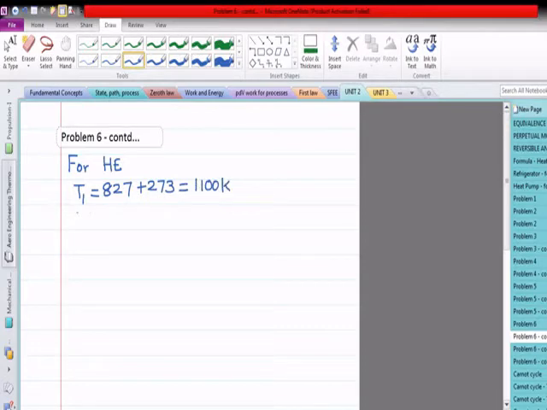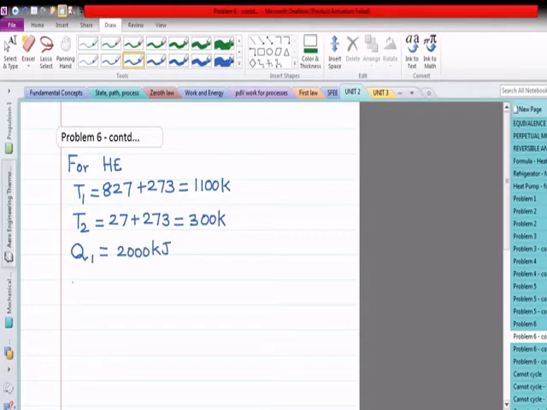Then the cold reservoir temperature T2 is given as 27 degrees Celsius. Again, I have to convert to Kelvin, equal to 300 Kelvin. Then the heat input to the heat engine, which is taken as Q1, is equal to 2000 kilojoule.